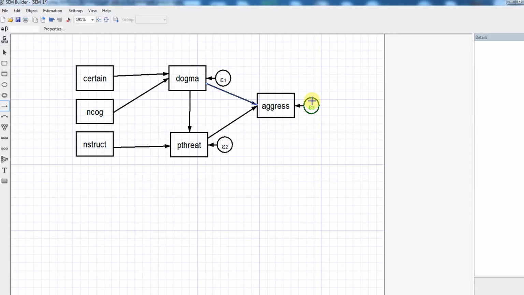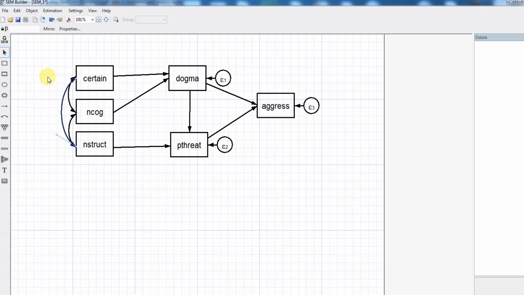This just represents variation in the variable that's being predicted that is unexplained by the predictors in the model. I'm also going to add the double-headed arrow here so that we can have correlations among our exogenous variables in the model. Okay, so there's a basic path model.